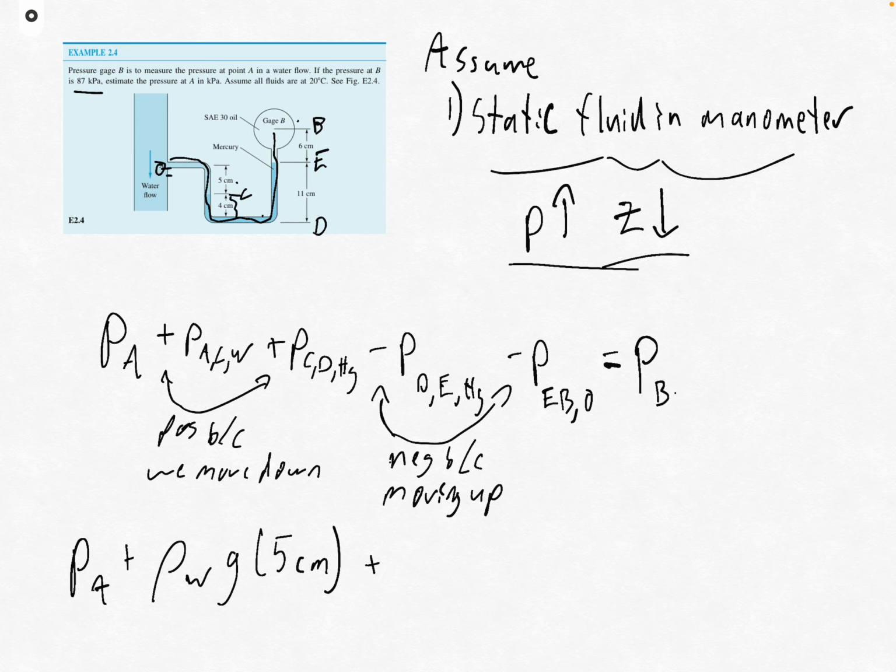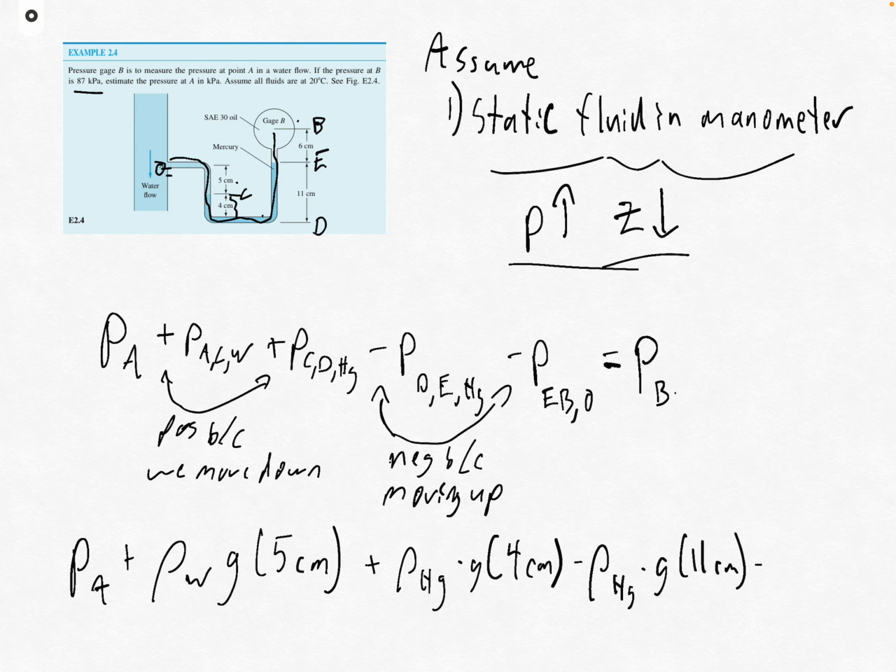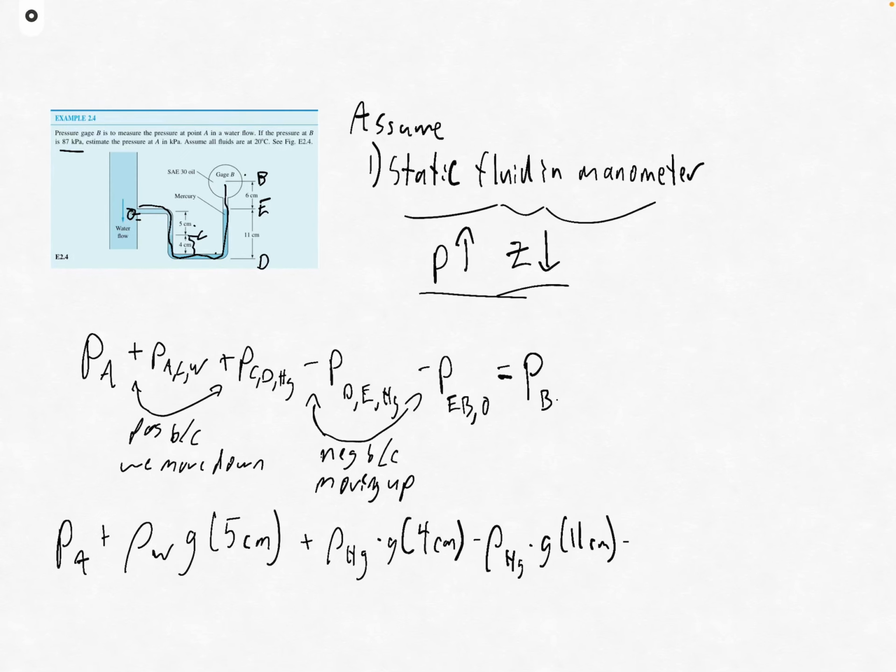Plus rho Hg, the density of mercury, times G times 4 centimeters, minus rho Hg times G times 11 centimeters, minus, zoom out a little bit, rho oil times G times 6 centimeters, is equal to our PB, which is given as 87 kPa.